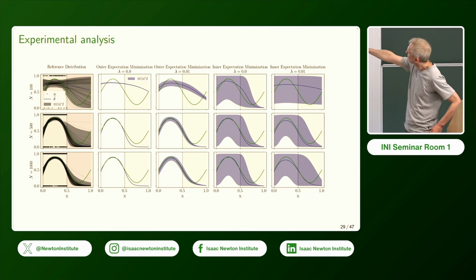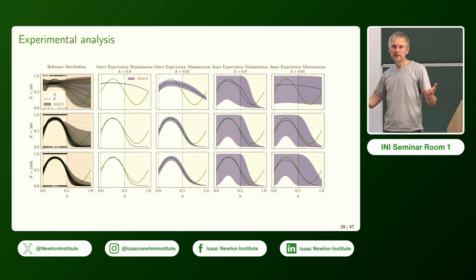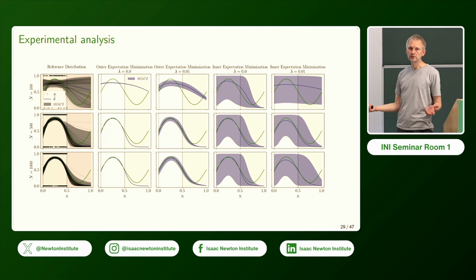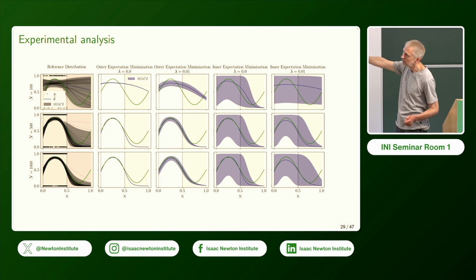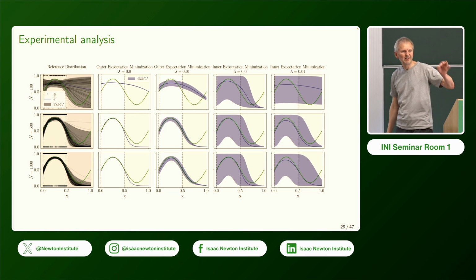And what you see here is that the extrapolation is relatively poor, as one can expect. But more importantly, the uncertainty quantification is even worse. For lambda equals 0, no regularization, you see what I said before: the learner converges to a Dirac distribution, suggesting there is no epistemic uncertainty at all.